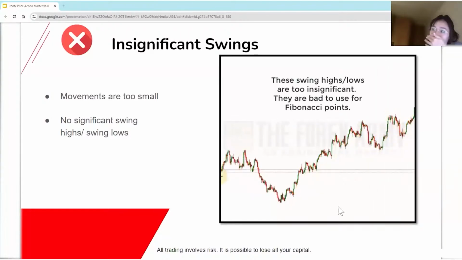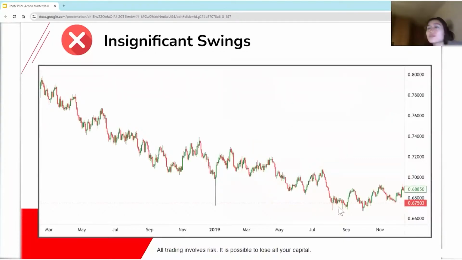Okay. Yeah, here's another example of insignificant swings. Okay, so you can see there aren't really any clear patterns here. No real swing highs or swing lows.